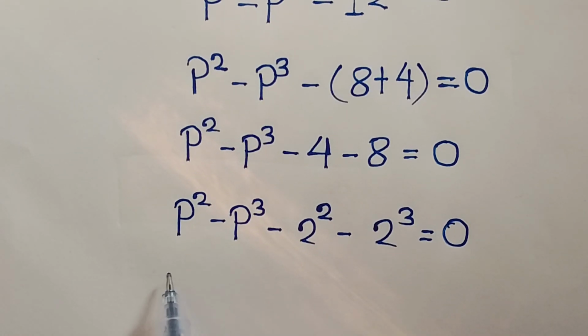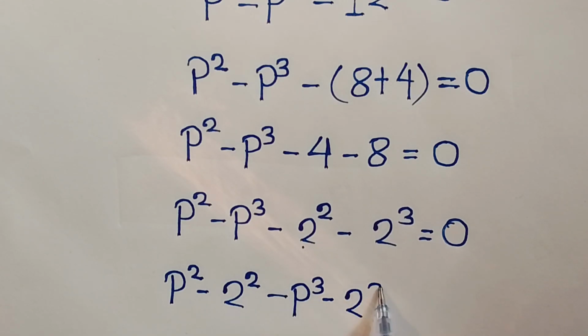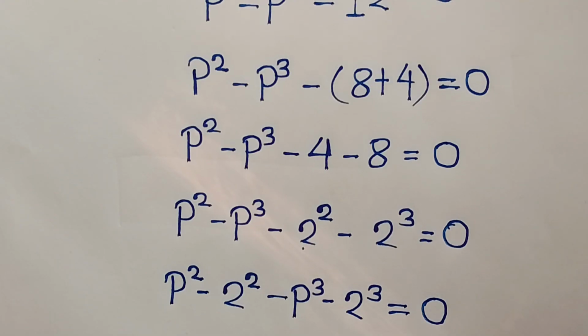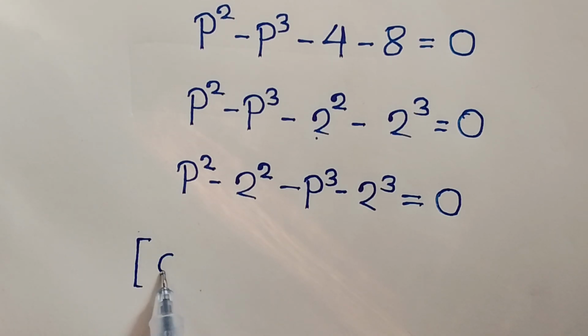So if you kindly look here, we get clue number 1. Attentionally, we can write p square minus 2 square and pq minus 2q. The clue number 1 is we can apply here the exponential formula, which was a square minus b square and aq minus bq, right?